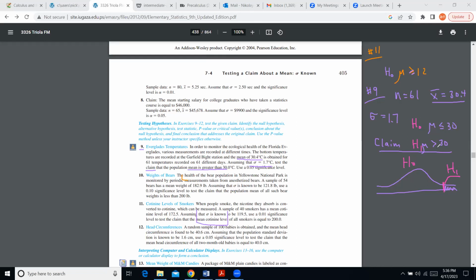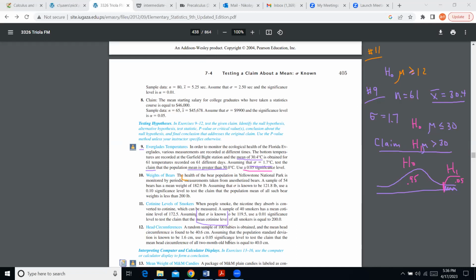So what we need to do is test this claim with 0.05 significance level, which means that the area we are going to have for H1 is 0.05. Area 0.05 for H1. For H0 it will always be the opposite, which is 95. So the total is 100%, 5% for H1, 95% for H0.